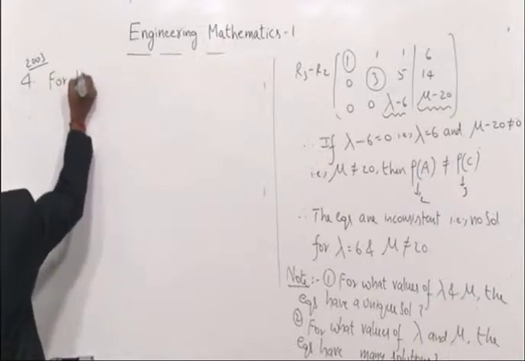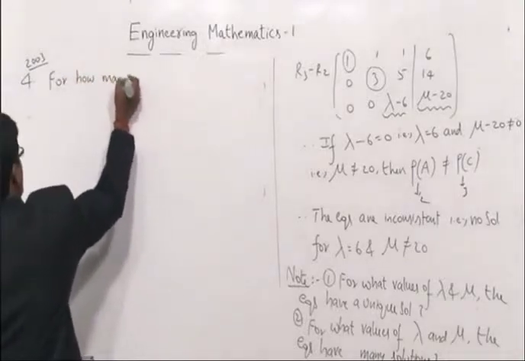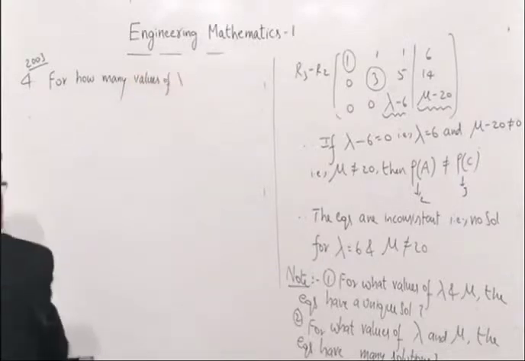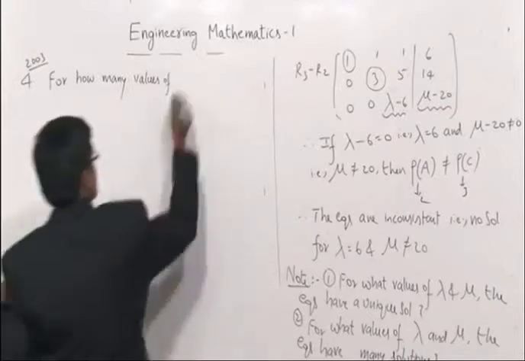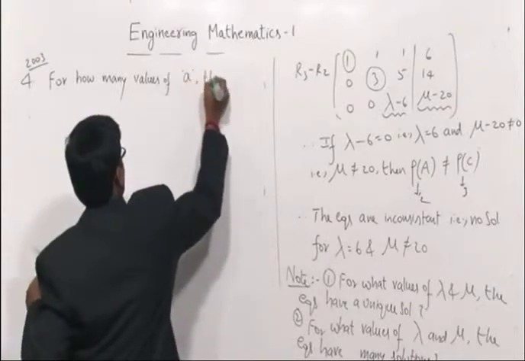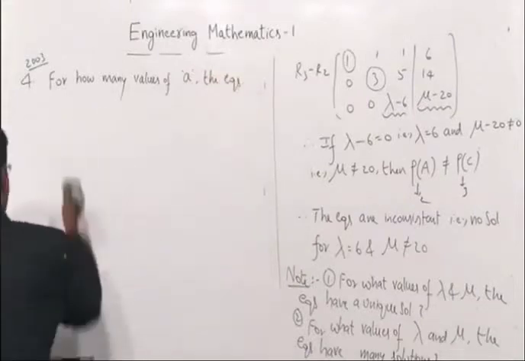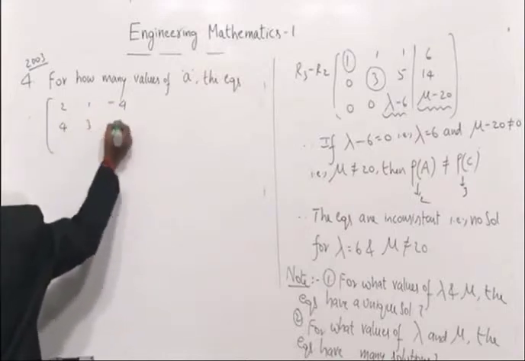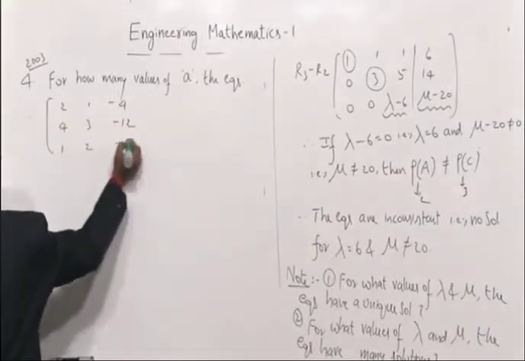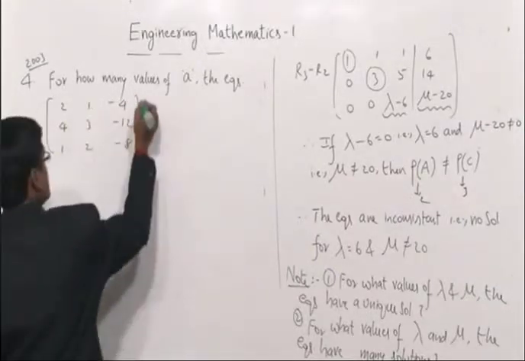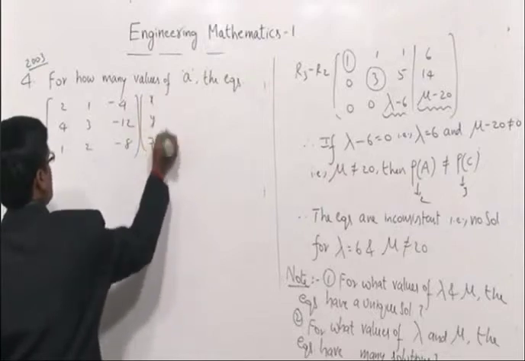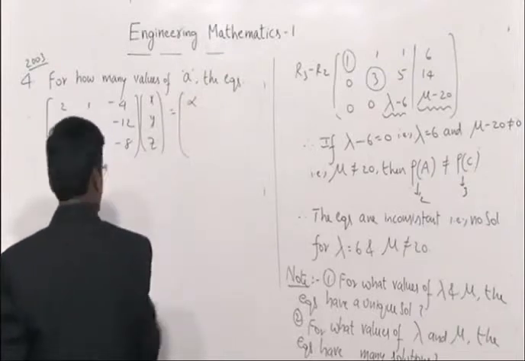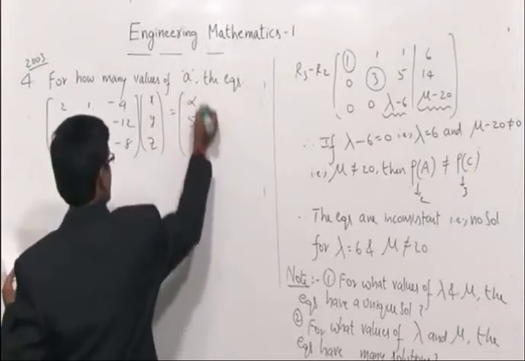For how many values of A do the equations 1, minus 4, 4, 3, minus 12, 1, 2, minus 8, which in matrix notation is Ax equal to B, with right side alpha, 5, 7.